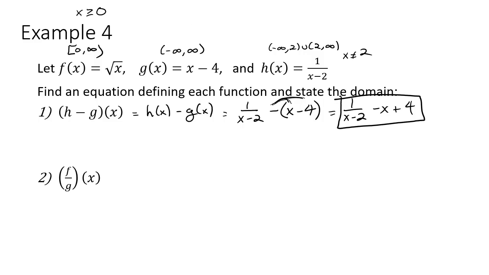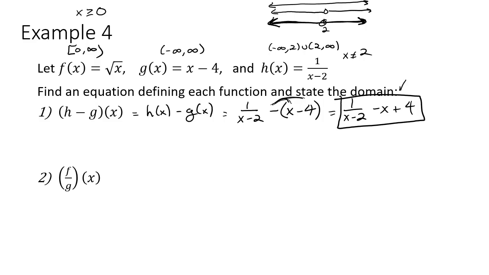If we do the intersection route, for g, the domain was all real numbers, the entire number line. For h, the domain was all real numbers except for 2. So where these overlap is all real numbers except for 2.